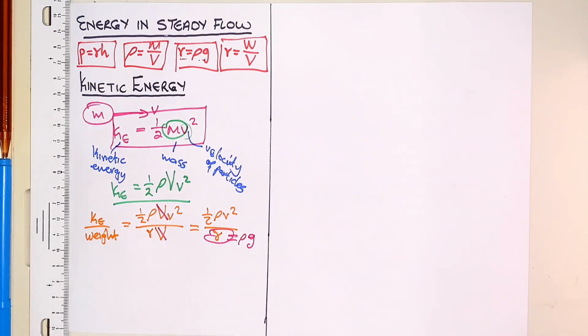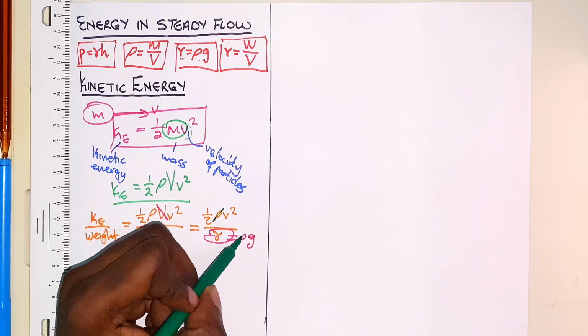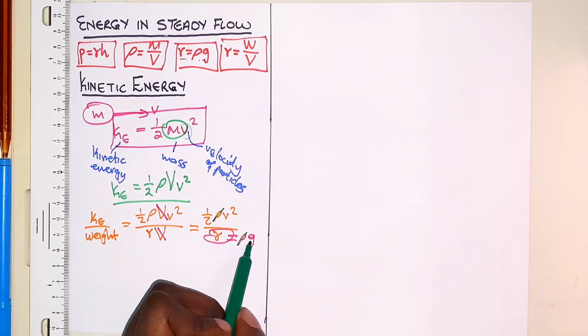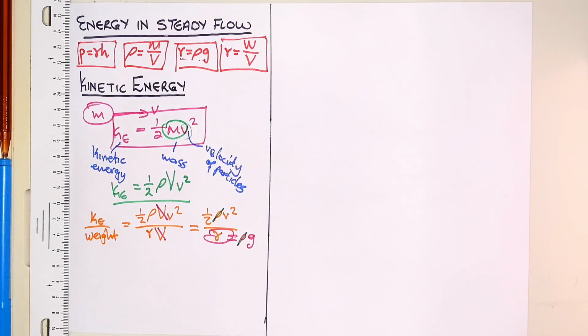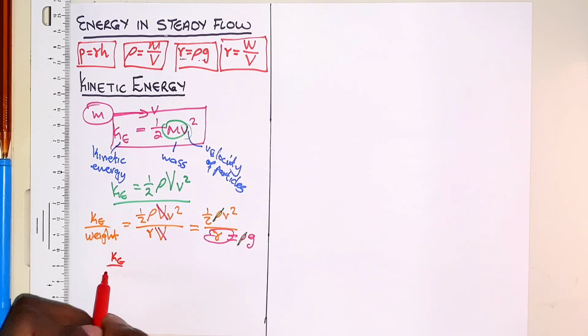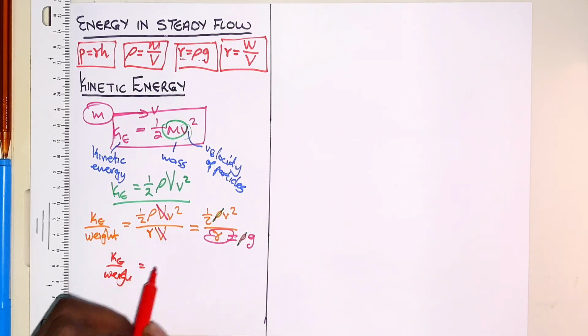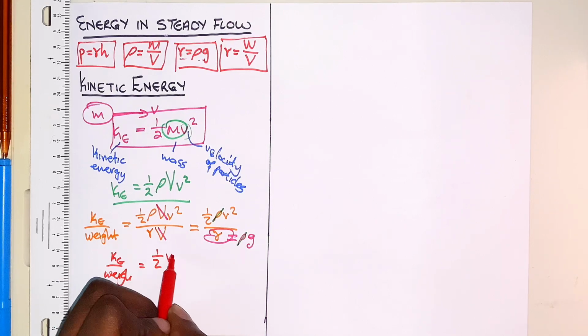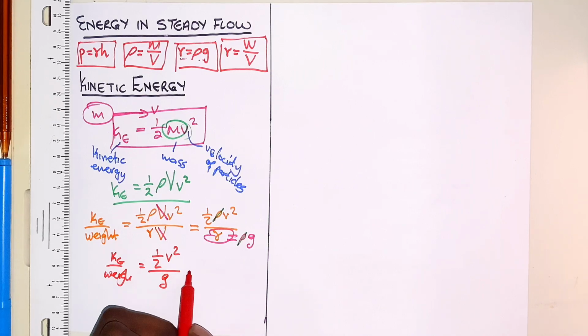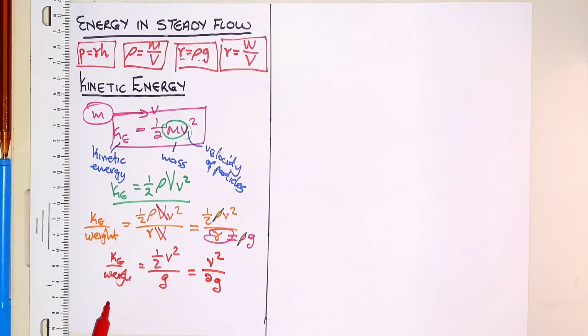You can see that the densities will cancel each other and I will be left with gravitational acceleration. The point I'm making is that my kinetic energy per unit weight will be given by 1/2 velocity squared over gravitational acceleration, and rearranging this formula, it can be v squared over 2g.